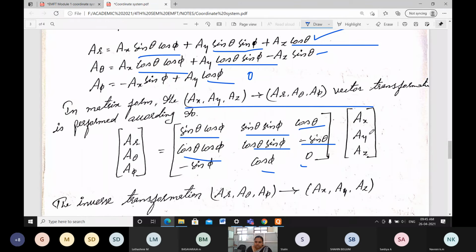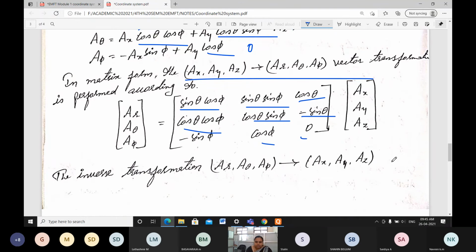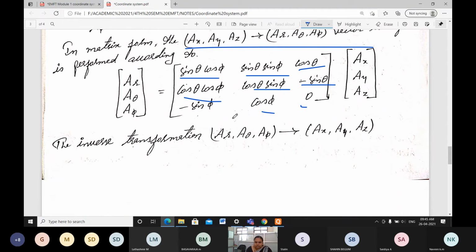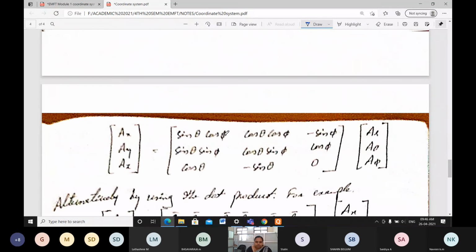Then it multiplies Ax, Ay, Az. The inverse of this is from spherical to Cartesian. Then Ax, Ay, Az is going to be the matrix with rows: sin theta cos phi, cos theta cos phi, minus sin phi; sin theta sin phi, cos theta sin phi, cos phi; cos theta, minus sin theta, 0. Here it multiplies Ar, A theta, A phi.